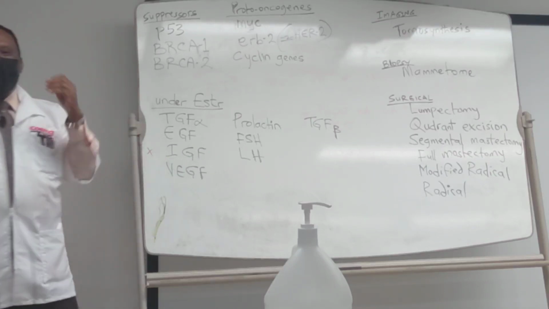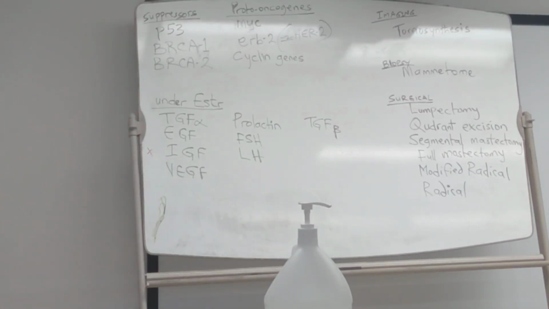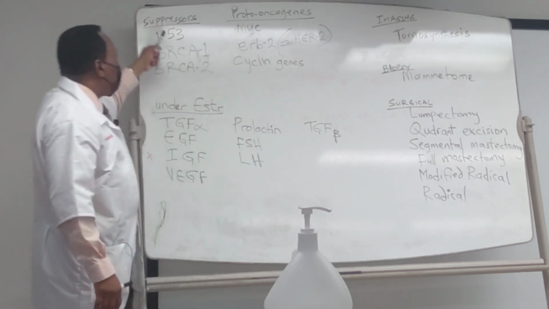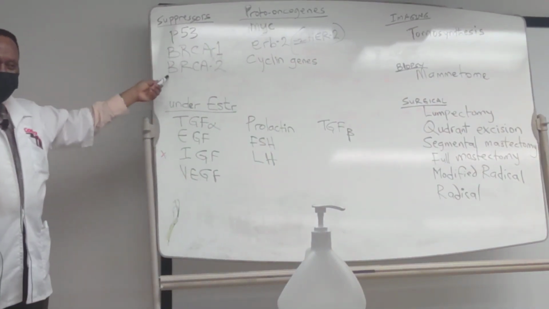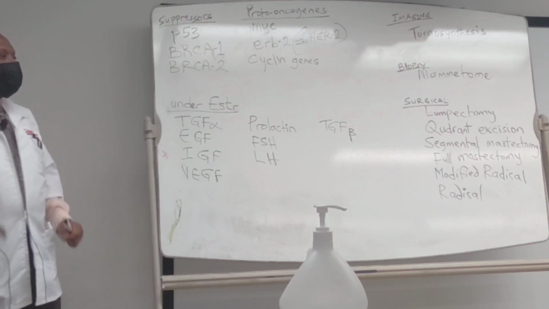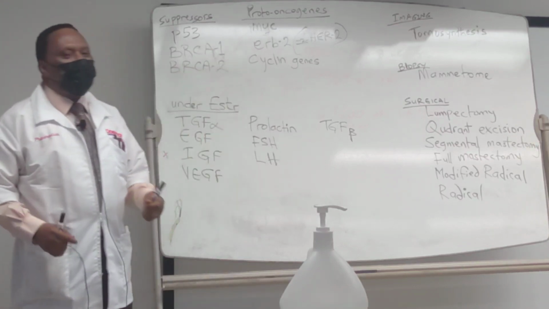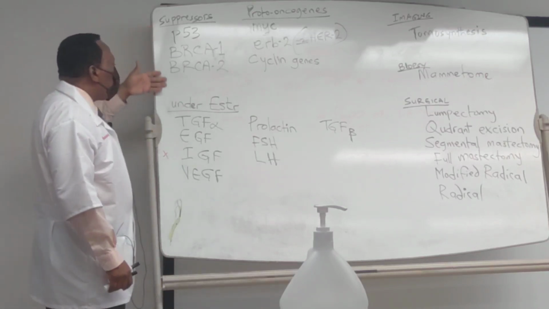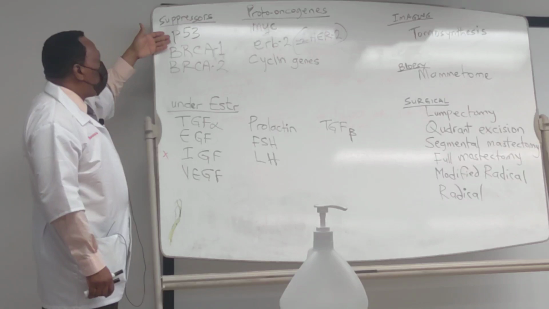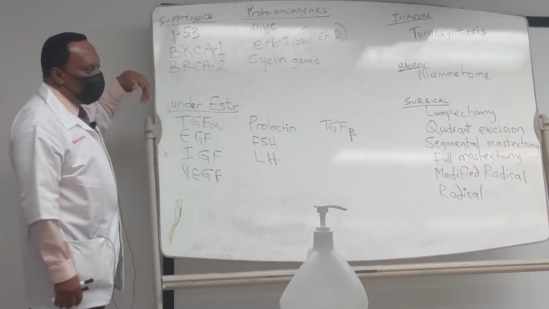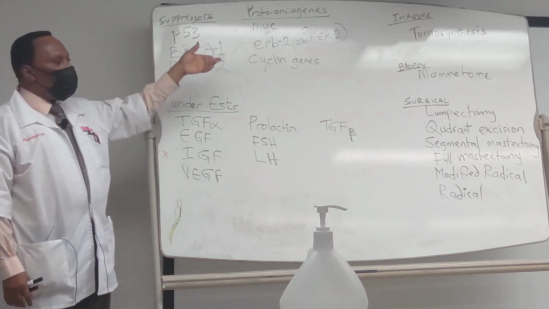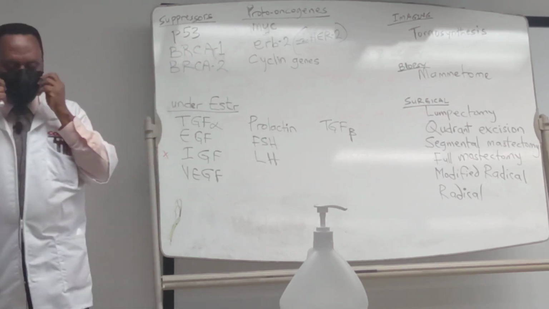And as usual, the body tries to maintain balance, or what we call homeostasis. So as you have proto-oncogenes going forward, the body produces some suppressor genes that can suppress the activities of your oncogenes. And so we have some suppressor genes, and these three are the prominent ones in terms of breast cancer: the P53 gene, the BRCA1, and BRCA2 genes.